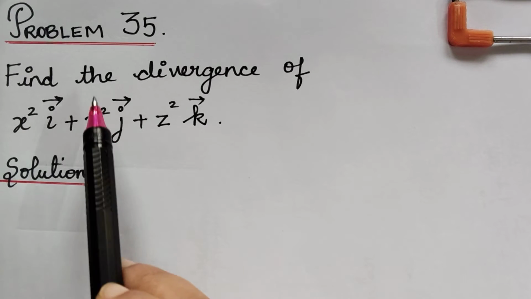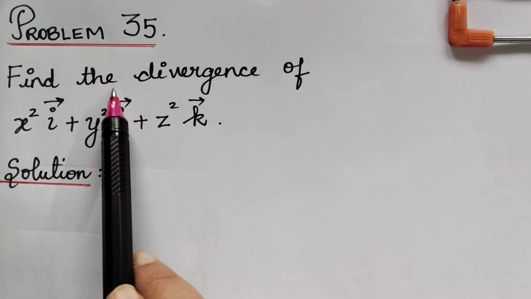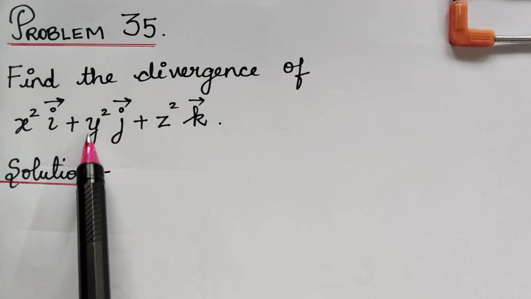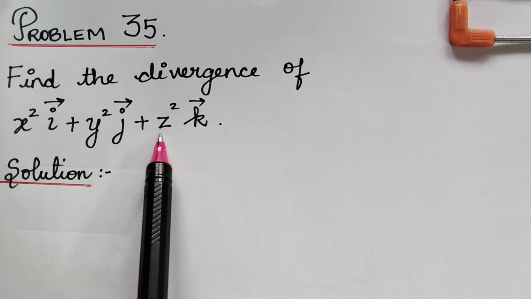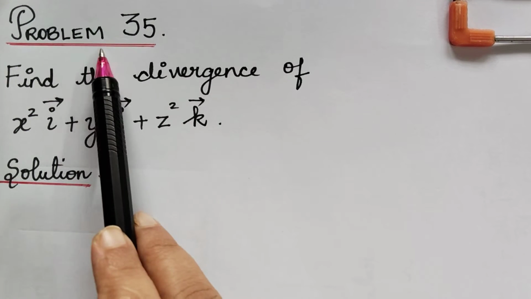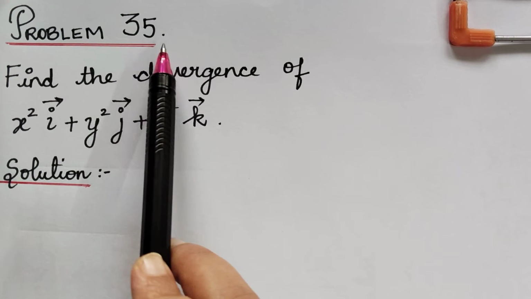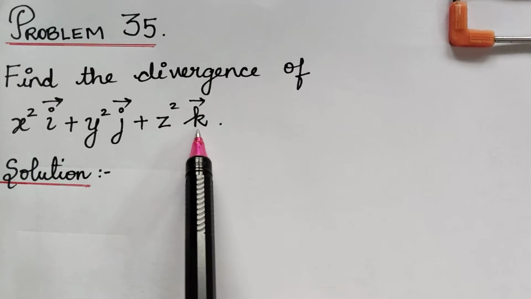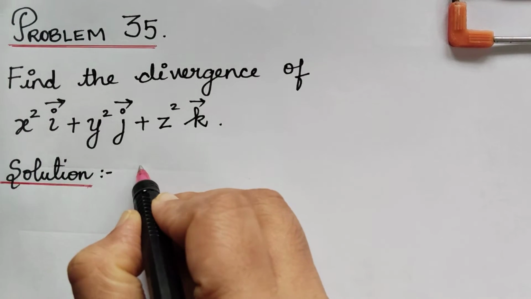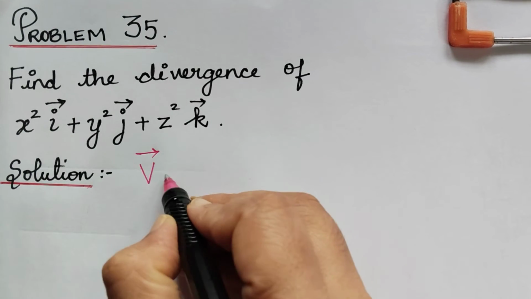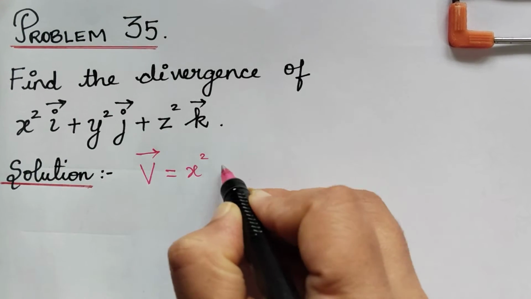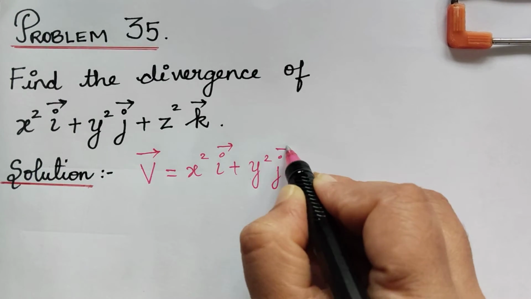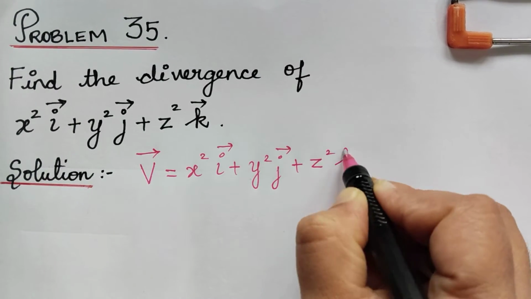Now here we have problem 35. Find the divergence of x square i vector plus y square j vector plus z square k vector. I have written the problem number as per your textbook. We have to find the divergence of this given vector. Suppose the given vector is taken as v vector, which is equal to x square i vector plus y square j vector plus z square k vector.